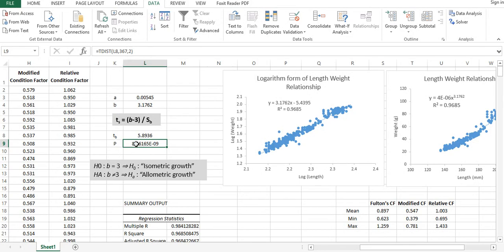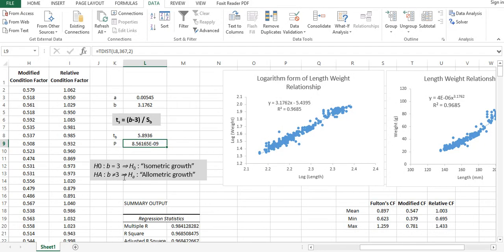Here the p value is 8.56 e to the power minus 09, meaning 0.00000000856. It is close to 0, so it is highly significant, less than 0.05, meaning at the 95% confidence level your alternative hypothesis is accepted.